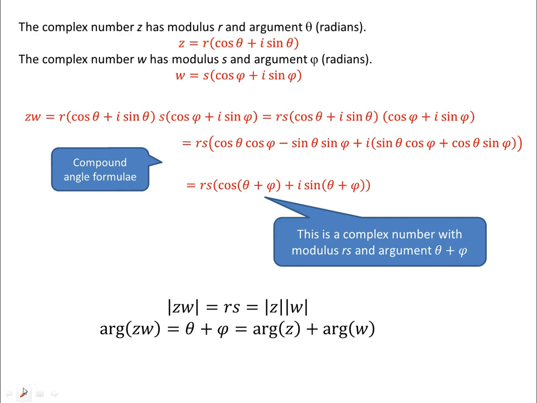And we can express this in our shorthand version for complex numbers, which says that if z has the form r theta, in other words z has modulus r and argument theta, and if w has modulus s and argument phi, then zw has modulus rs and argument theta plus phi.